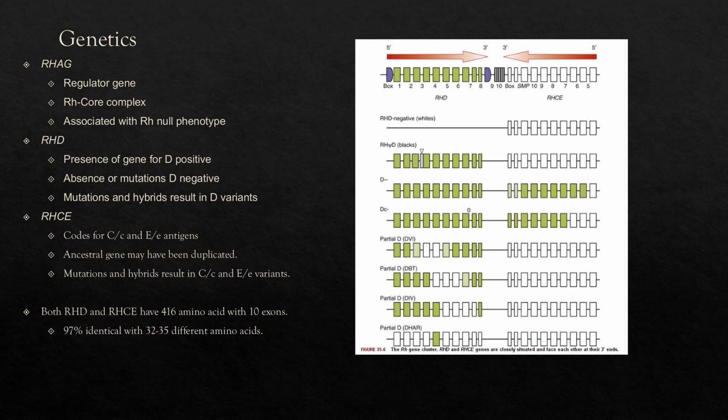The protein forms a tetramer composed of 2 RHAG molecules and 2 either RHCE or RHD molecules to form a core complex. RHAG is called a co-expressor because it must be present for successful expression of the Rh antigens.